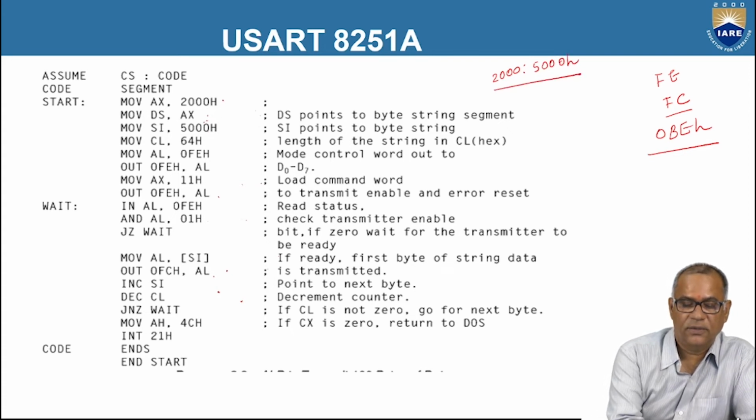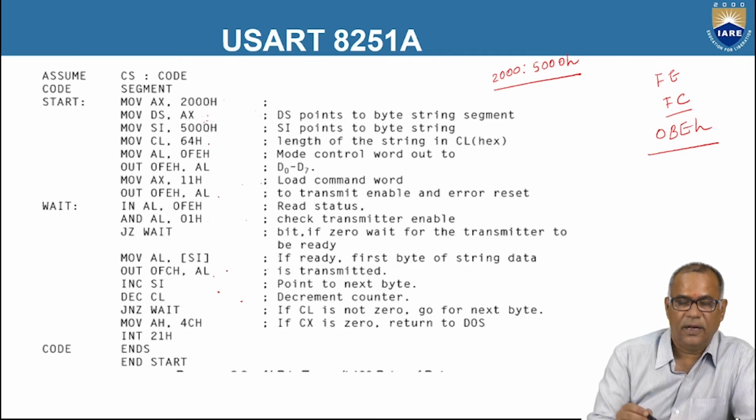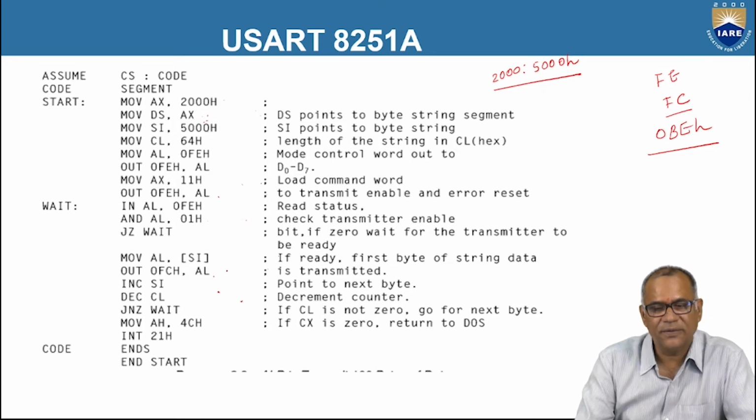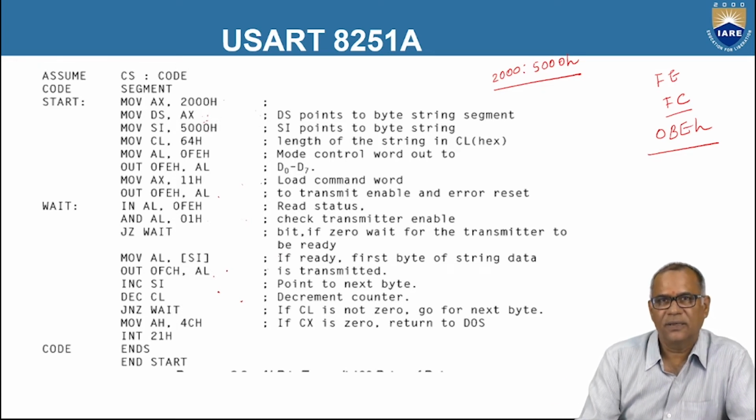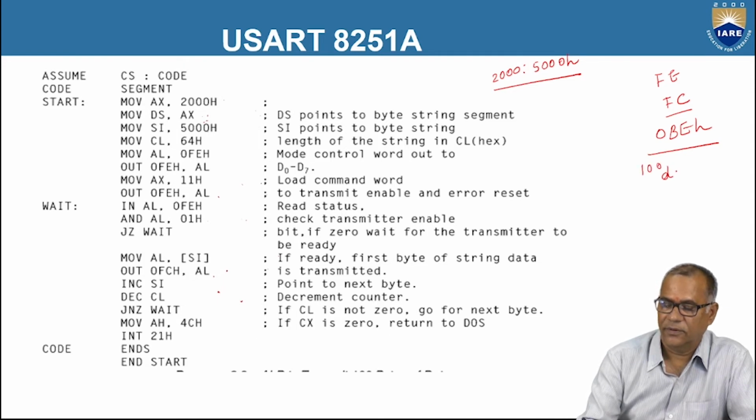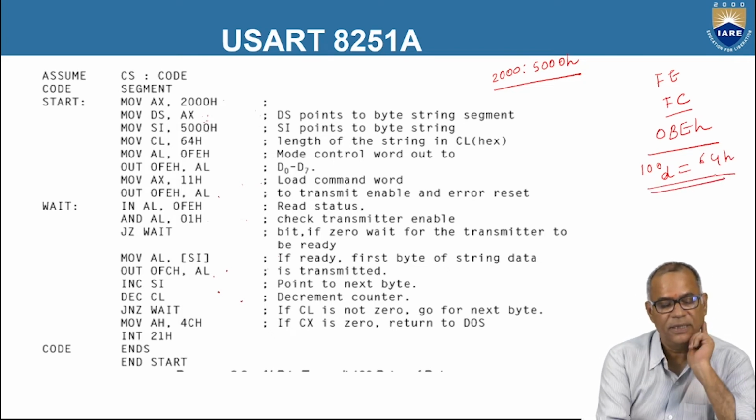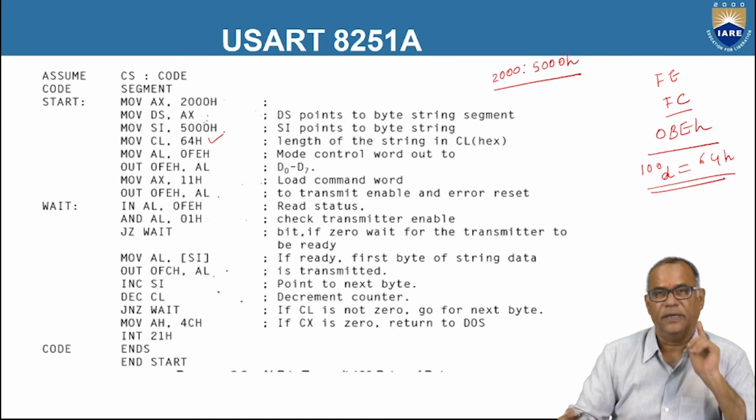So move AX 2000H, then move DS AX and move SI 500H. And because you have to transmit 100 bytes of data, what is 100 decimal in hexadecimal form? So 100 decimal is equal to 64H hexa. So we are initializing the counter with 64H.